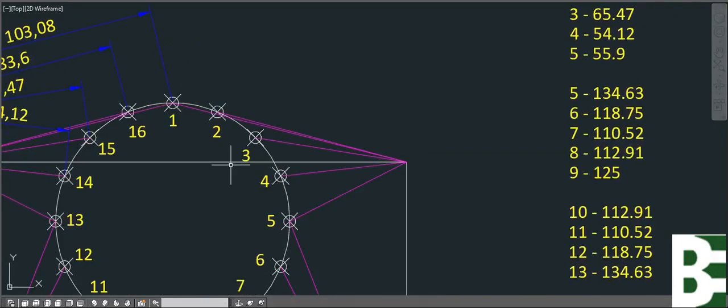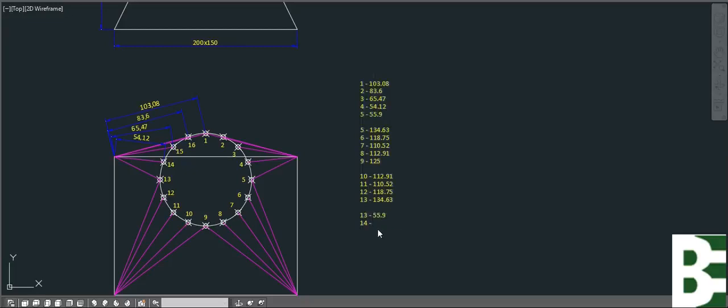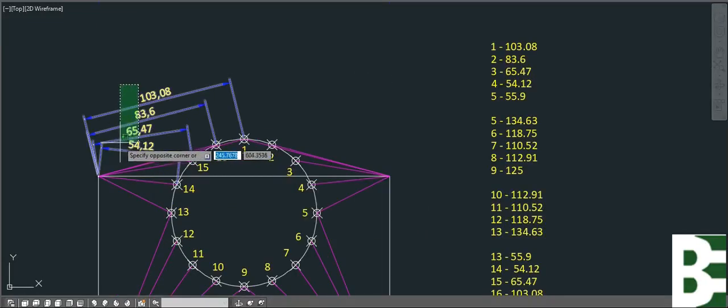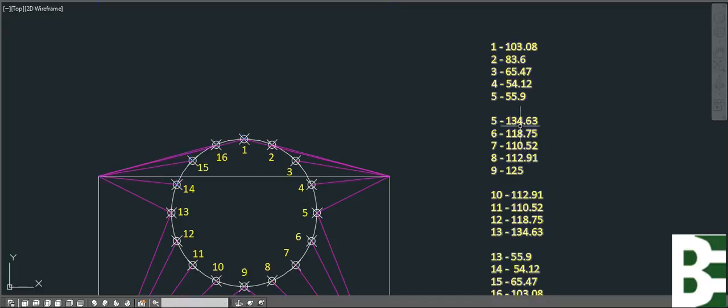This number 1 is also touching both corners. So either you can mention one time or two times, it's also up to you. This is my table. Table number 1 is completed.